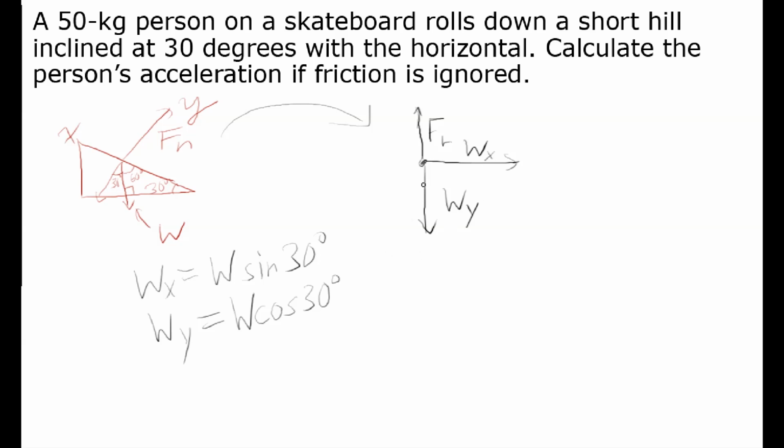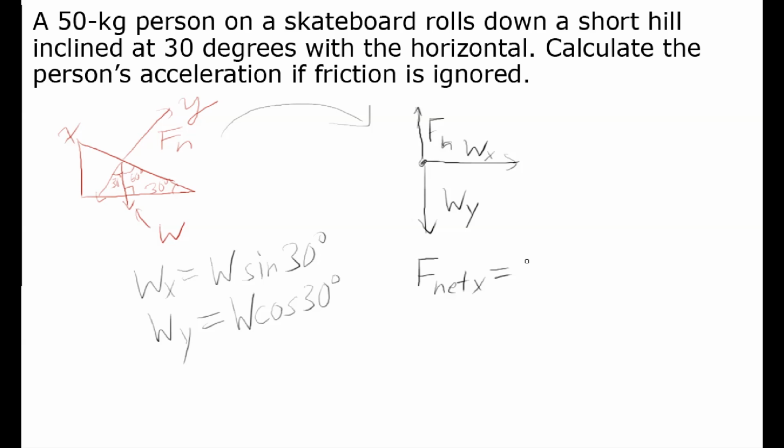Now we know for sure that the normal force and the y component of the weight are not moving, it's constant. However, this is the one that moves, so we are going to look at the summation of the x-axis.